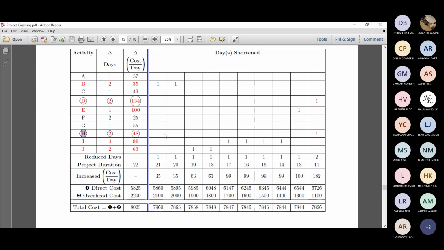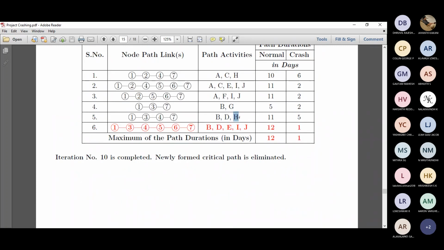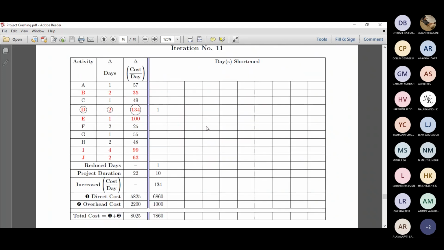So once you reduce H by 1 day, this path is no more critical, because this is still 11, and we also reduced D by 1 day, right? So this will become 11, and the original critical path retains. So the newly formed critical path gets over, and then we can discard H for the next iteration.